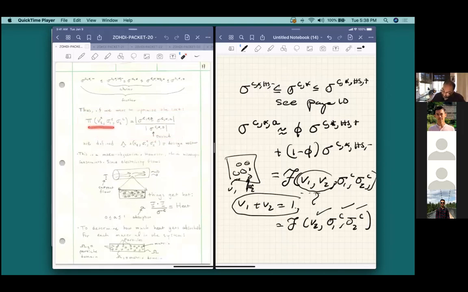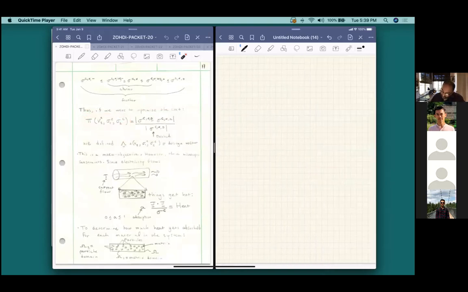And the tool that we're going to clobber things with is to design the material. So the idea is that we have a target response that we want. Let's call that sigma c star desired. And then I also have what I generated, my approximate solution, sigma c star approximate.